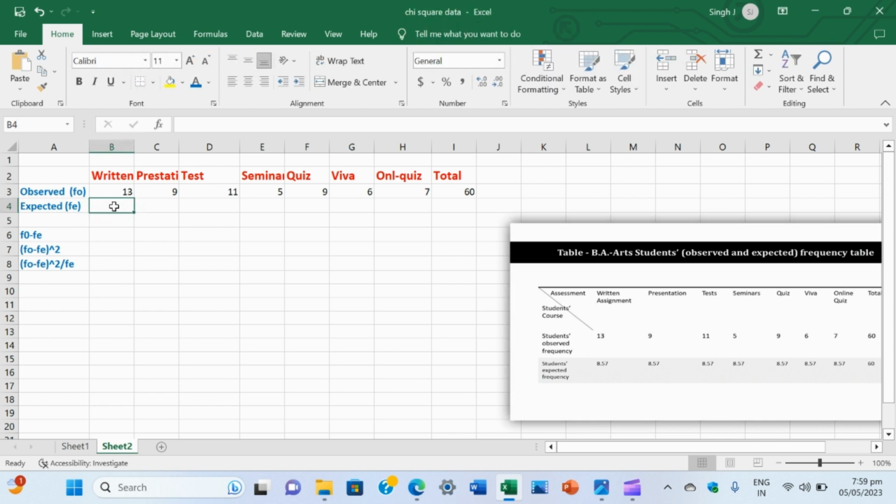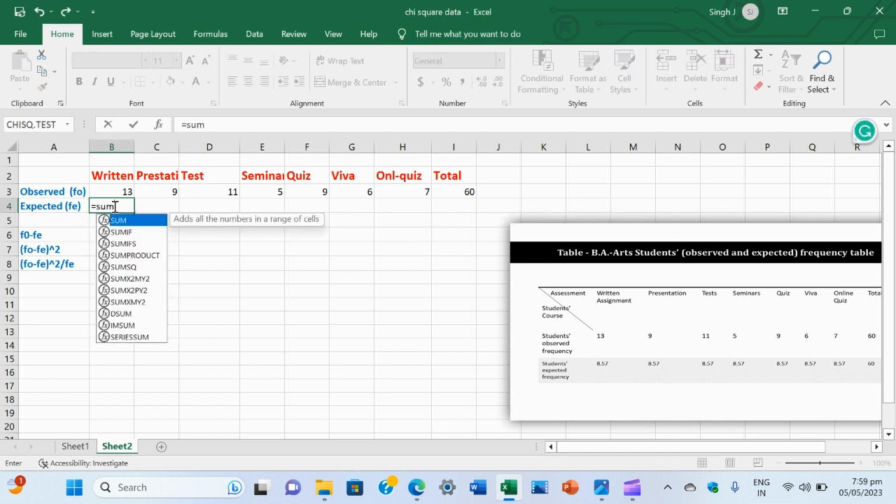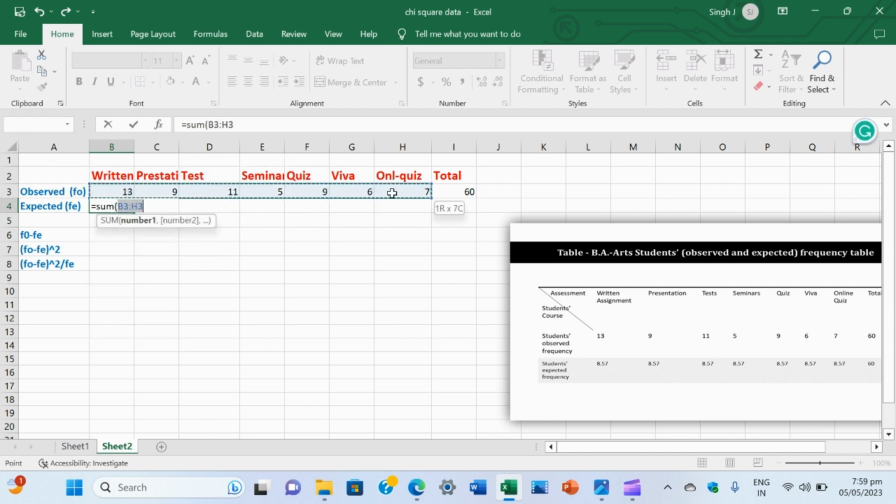It is the sum of all the frequencies, so we open a bracket and select all the numbers from B3 to H3, and we insert the dollar symbol because we want to make it absolute. Otherwise, the same value will not be filled in the other cells.